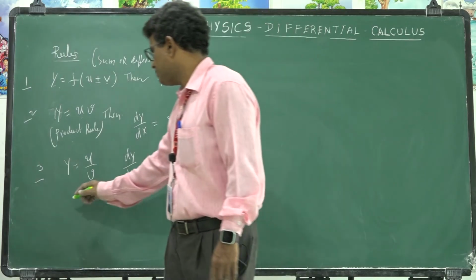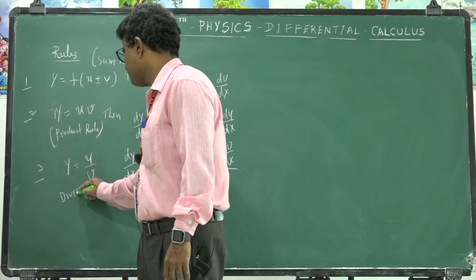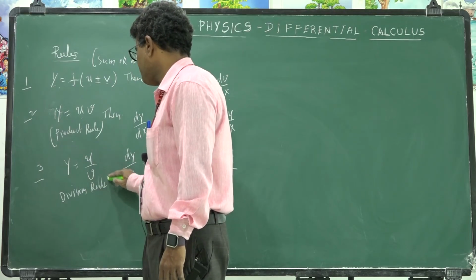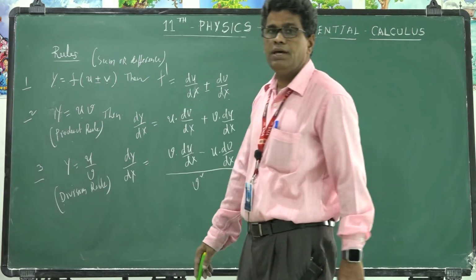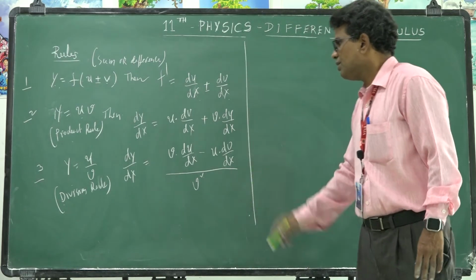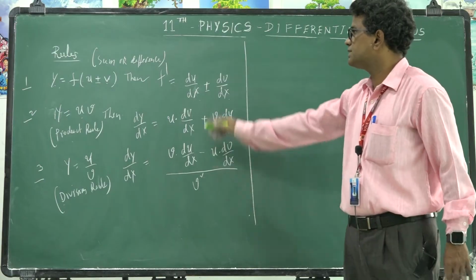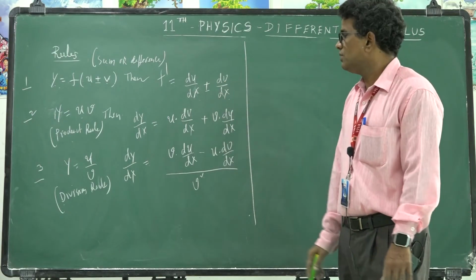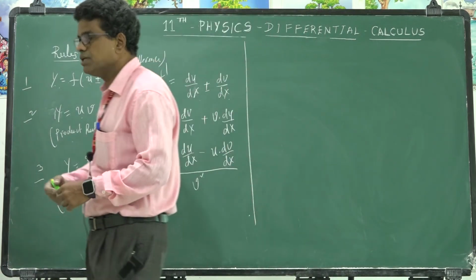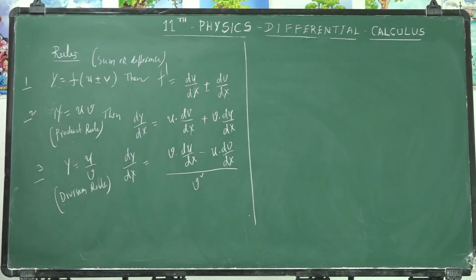This is the quotient rule or division rule. So here along with the 9 formulas, I am giving 3 rules: the sum or difference rule, product rule, and division rule. Based on these rules, I will give some examples to solve these problems.